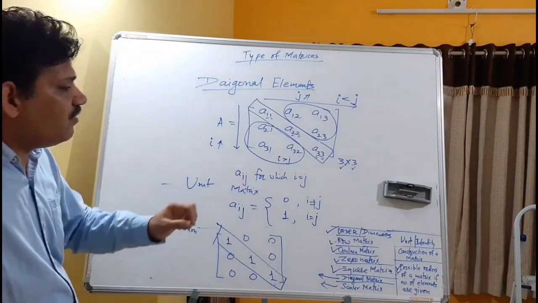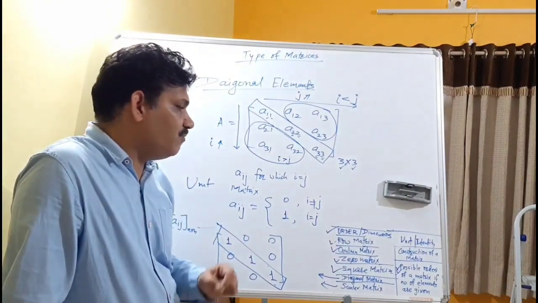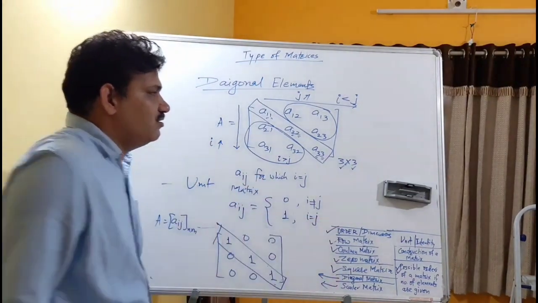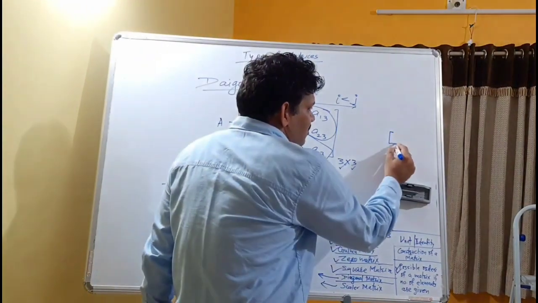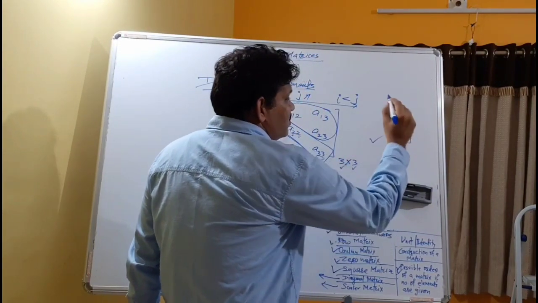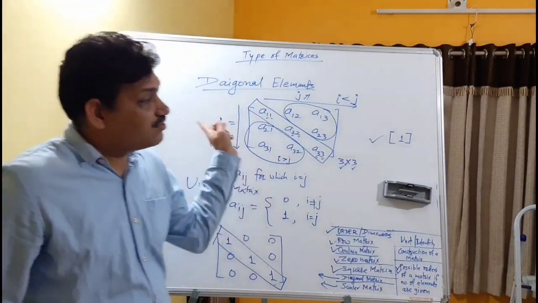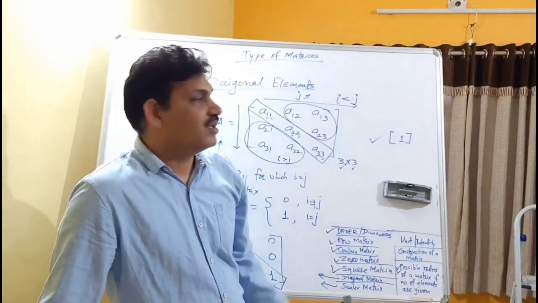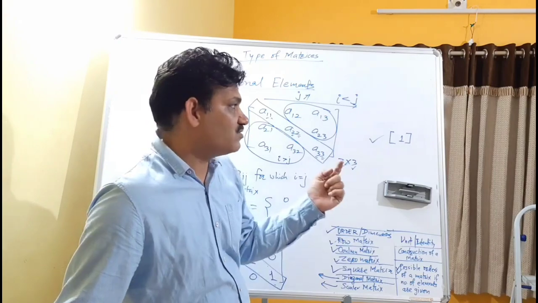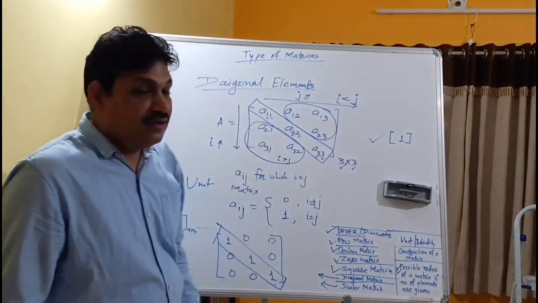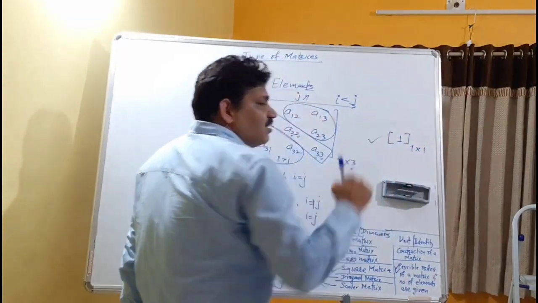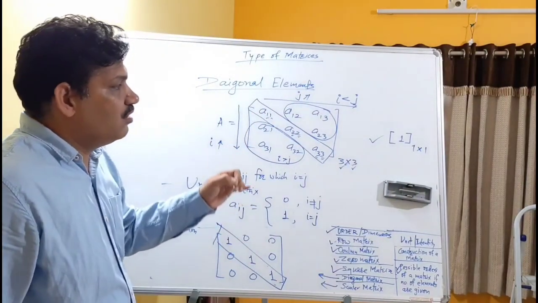Well, now let's take an example of a matrix which fits almost all these definitions. So this one is the best example. It is a row matrix because it has only one row. It's a column matrix because it has only one column. It's a square matrix because the number of rows is equal to the number of columns.